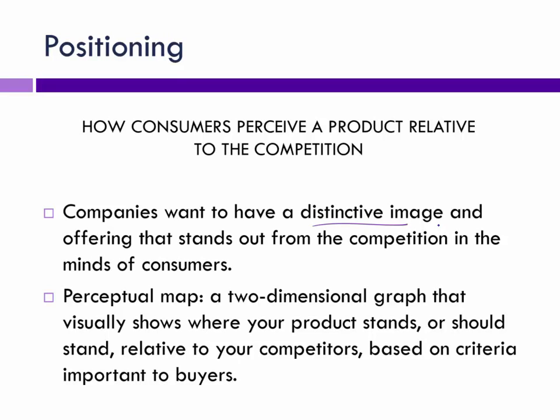Again, it just has to be a perceived difference. It's all about perception here. It could be that Breyers isn't any more natural than anybody else, but if people perceive it that way, that's what's important here.